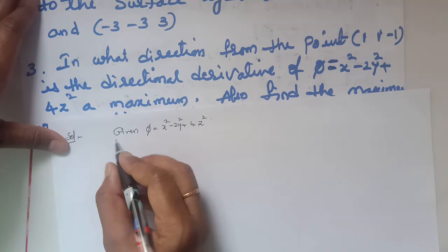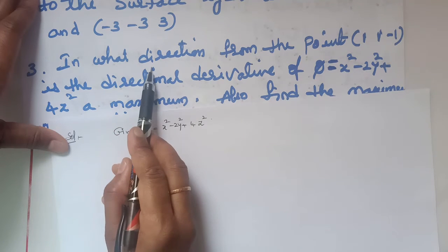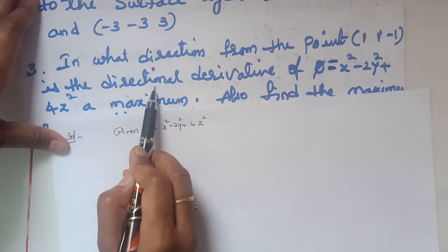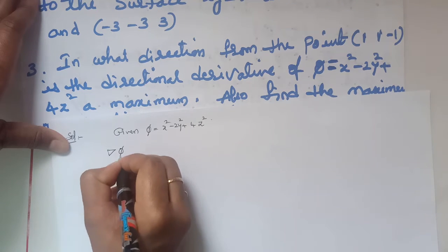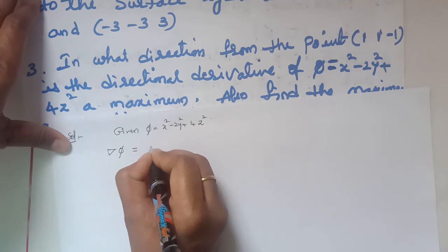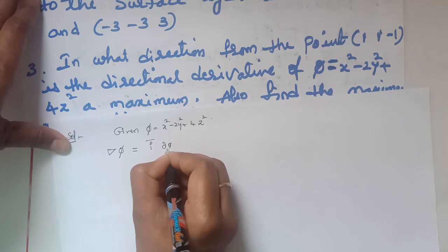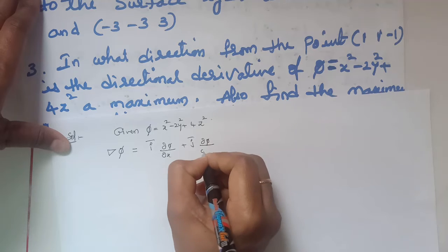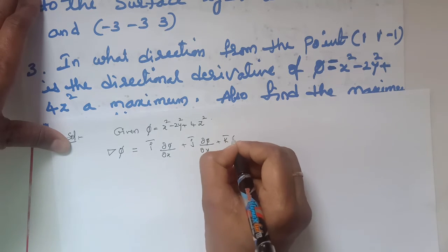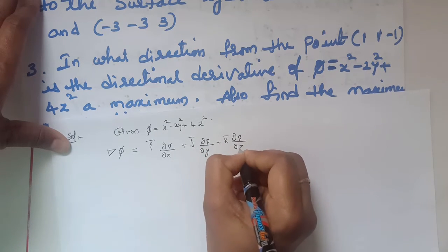To find the direction in which the directional derivative has a maximum value, we need to find del phi. Del phi is i bar dou phi by dou x plus j bar dou phi by dou y plus k bar dou phi by dou z.